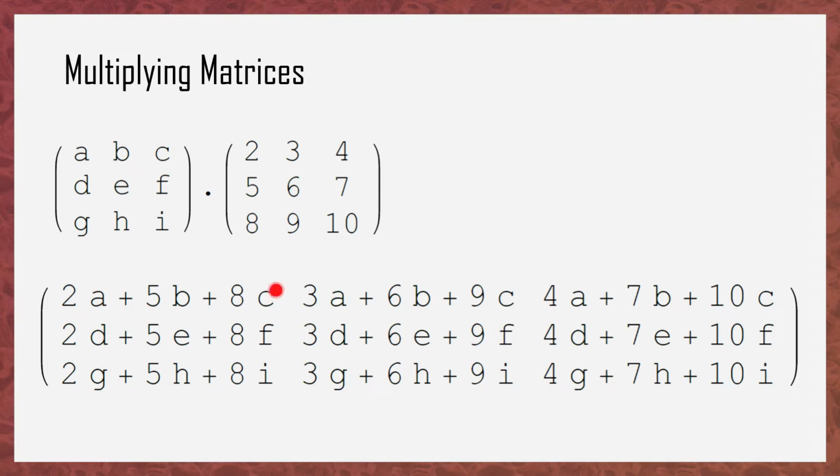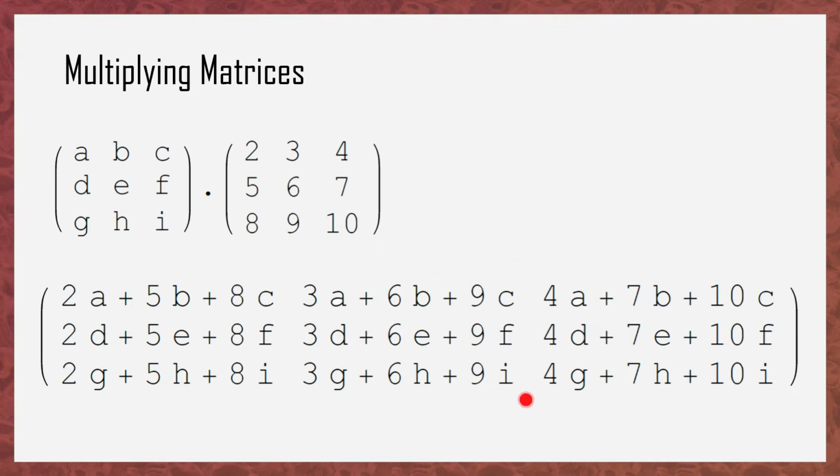Also notice A, B, and C, because it's the first row, is in every single top product. D, E, F is in every single middle product, and G, H, I is in every single bottom product. And in the columns, the leftmost column of our solutions is all being multiplied by 2, 5, and 8.